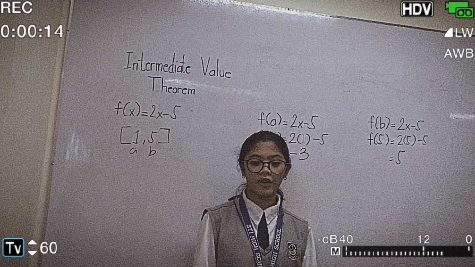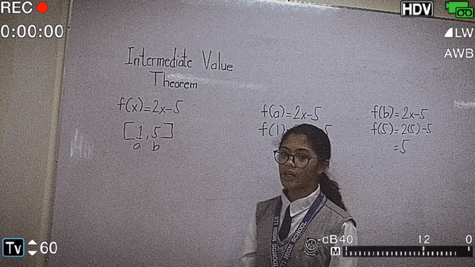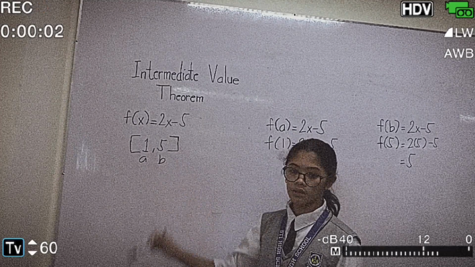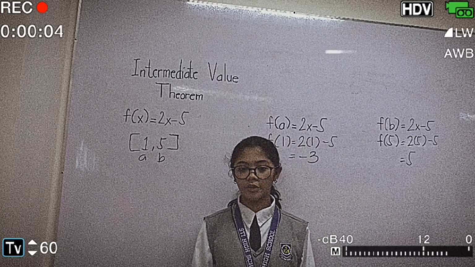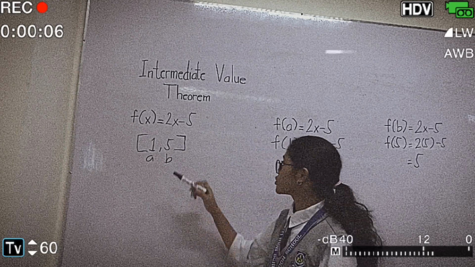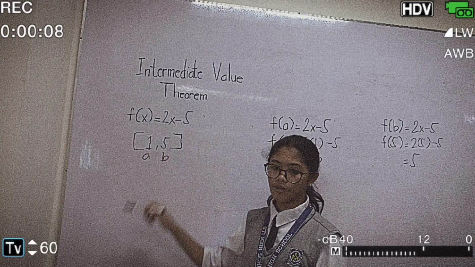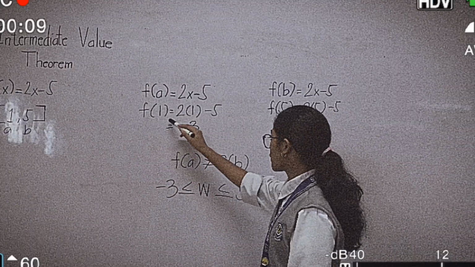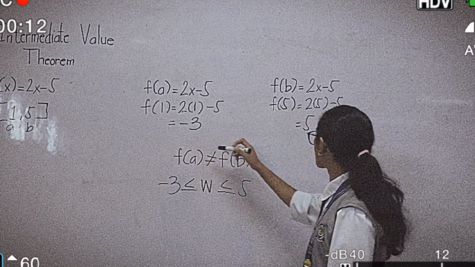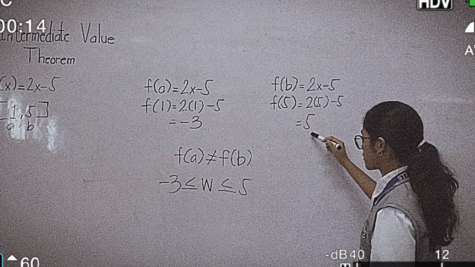We're given a function f of x is equal to 2x minus 5, where we are to explore what happens in the interval 1 and 5. So first thing is to evaluate the function at the given endpoints. Simply substitute 1 and 5 in the function. f of 1 equals 2 times 1 minus 5 equals negative 3. f of 5 equals 2 times 5 minus 5 equals 5.